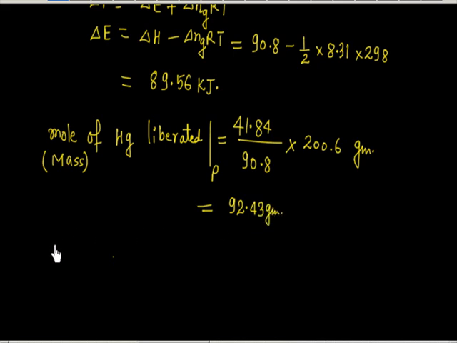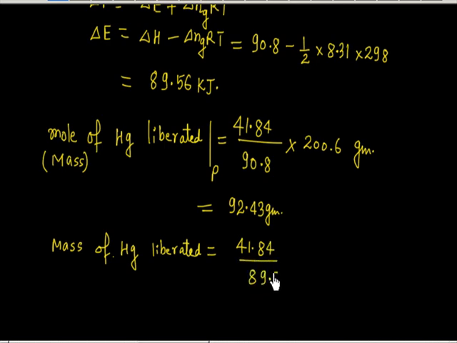We can do the same thing for the mass of Hg liberated at constant volume. This time, what we will have is the same thing, but at constant volume the heat is 89.56. So 41.84 divided by 89.56, multiplied by 200.6.